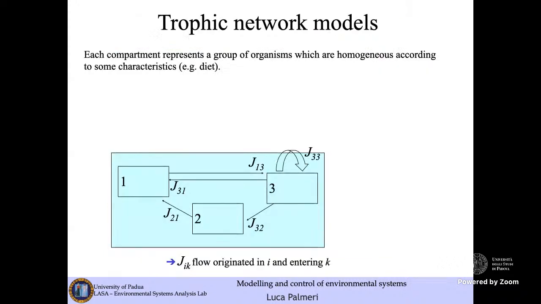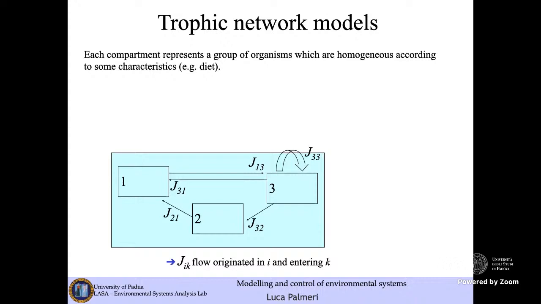In building trophic network models, you start by observing that each compartment represents a group of organisms which are homogeneous according to some characteristics. For example, you may cluster into the same compartment all the organisms that have the same diet. What does this mean?